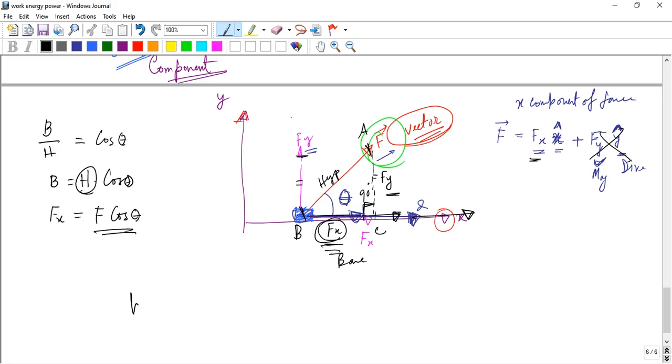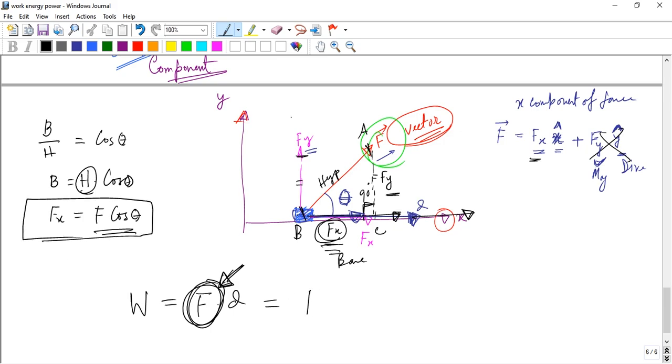The simple work done is equal to F d, but we need the x component of force. So the x component of force is F cos theta, times d, so work done equals F d cos theta.